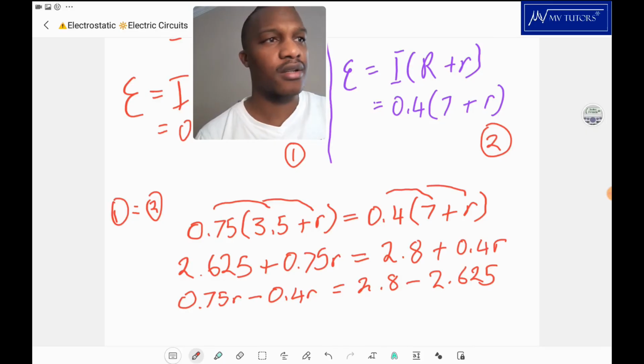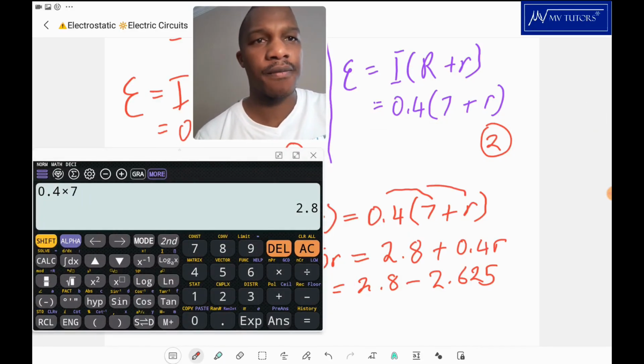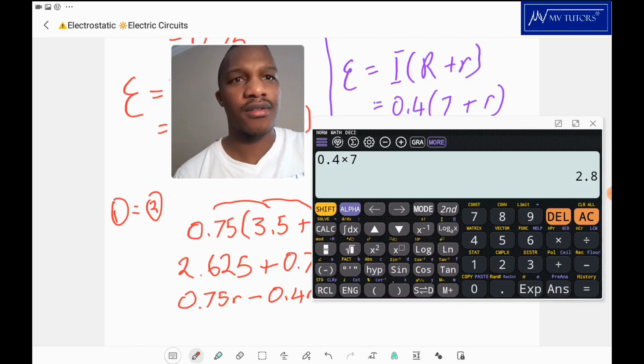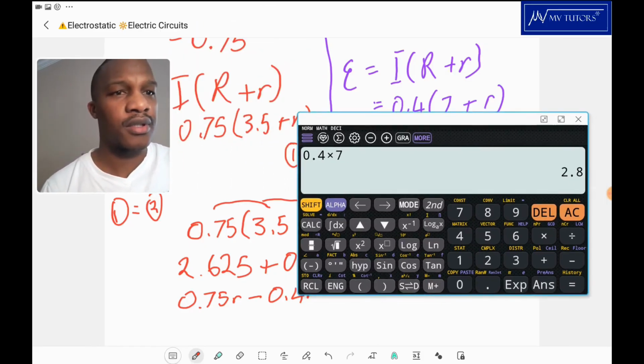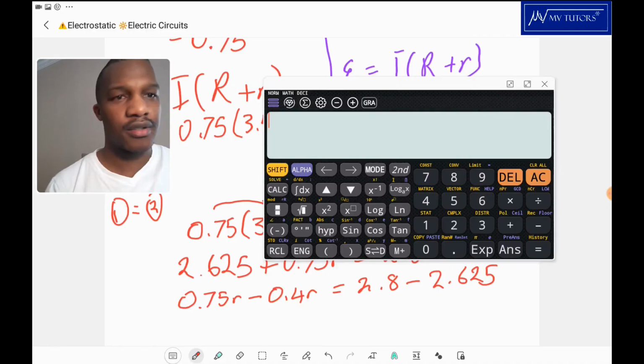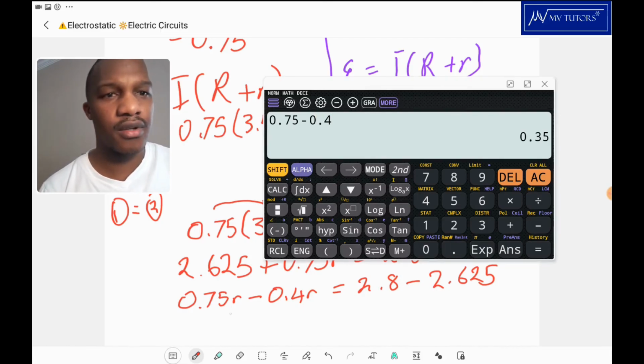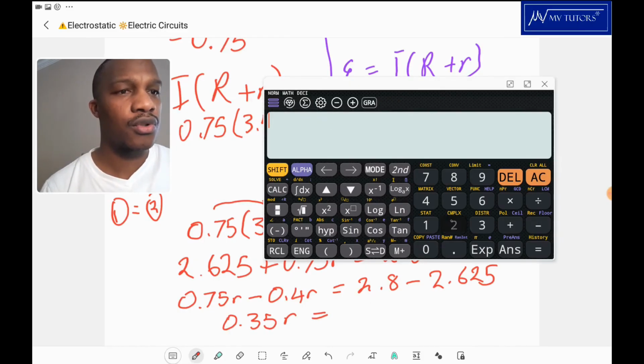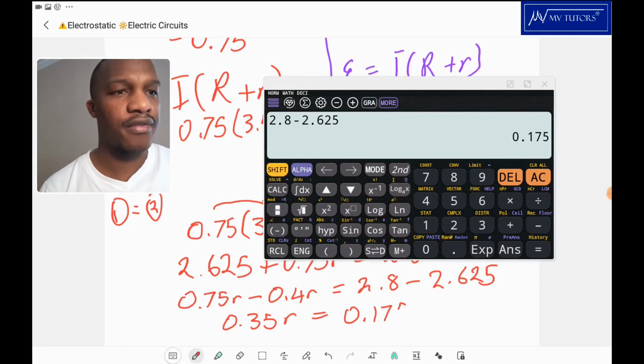Okay, need the calculator once again. This screen is just too big, I need space. So now 0.75 minus 0.4 gives 0.35 r, which is equal to 2.8 minus 2.625, so that's 0.175.